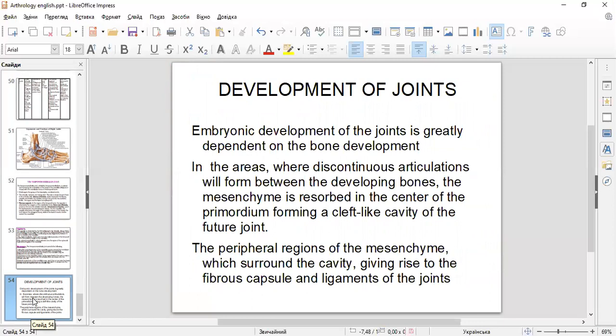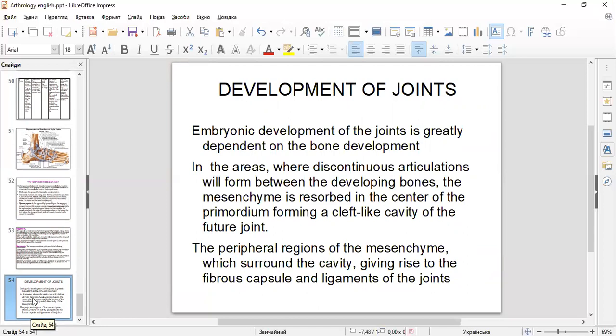Development of joints. Embryonic development of the joints is greatly dependent on bone development. In these areas, the discontinuous articulations will form between the developing bones.